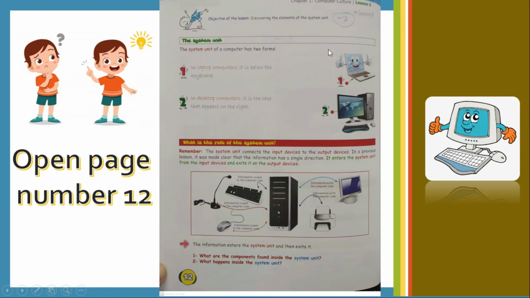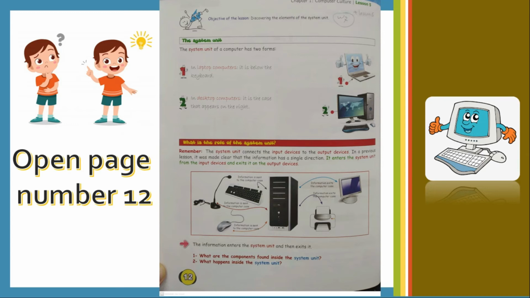What about the laptop? Where is the system unit for the laptop? Of course, the laptop should have a system unit. Where is it? Yes, it's under the keyboard.